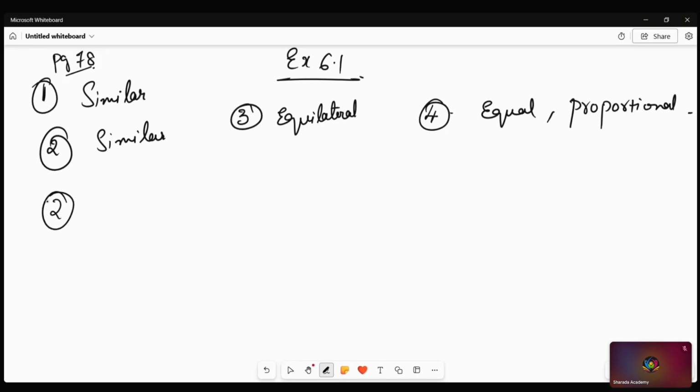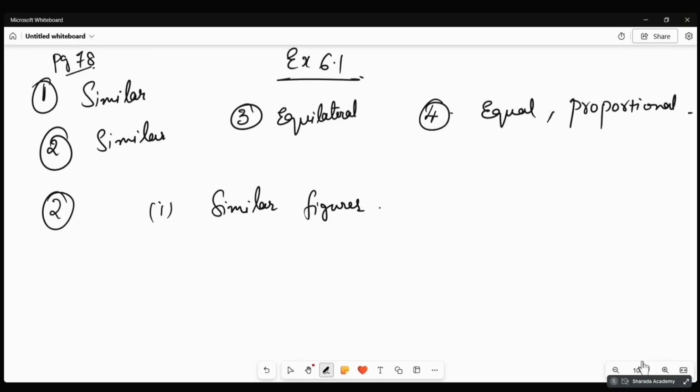Next, second question, give two different examples of pairs of similar figures. Write down, everyone. For similar figures, you can write equilateral triangles, then circles.